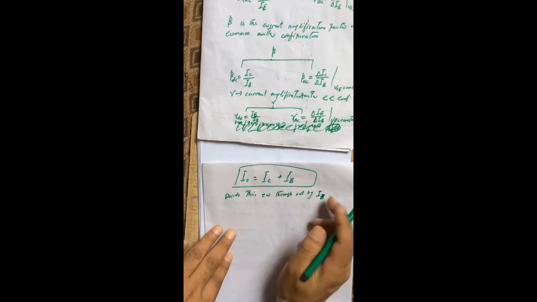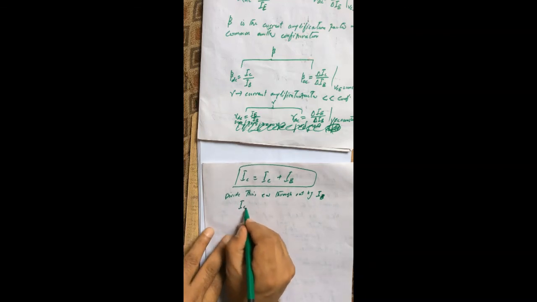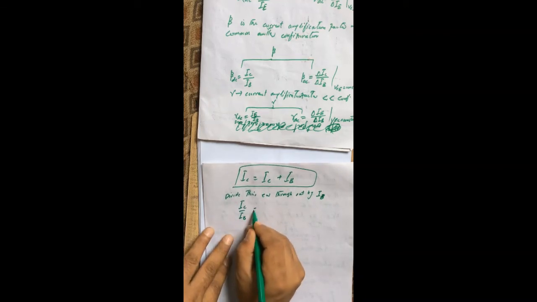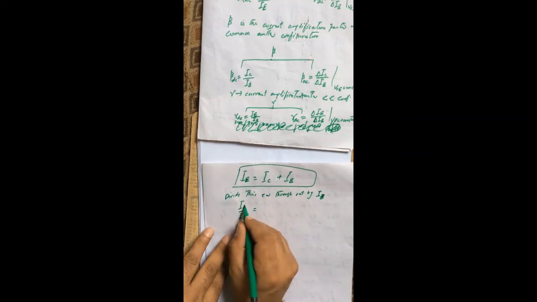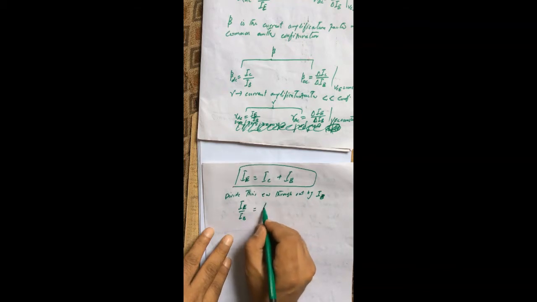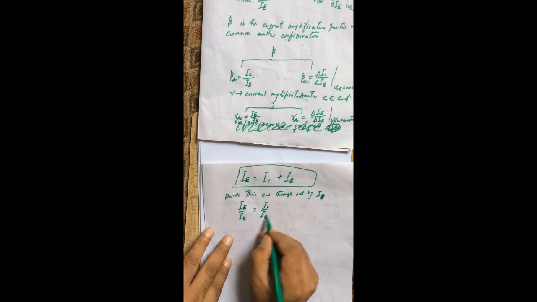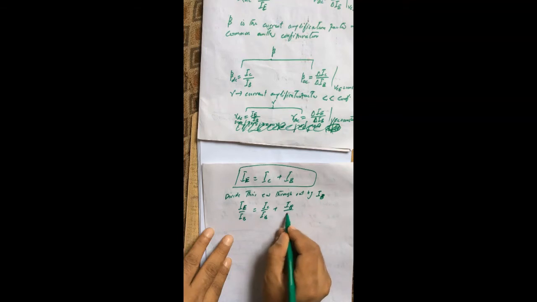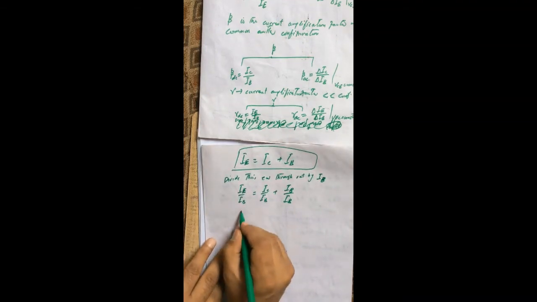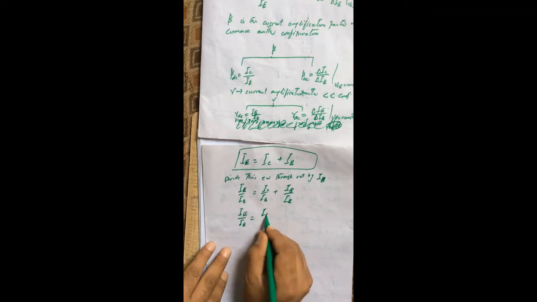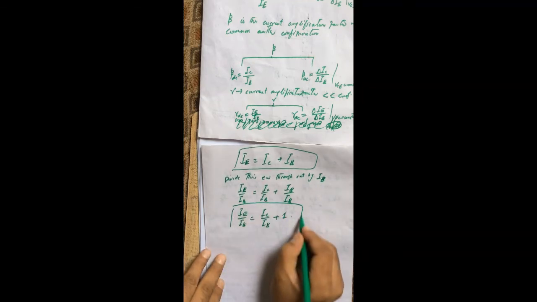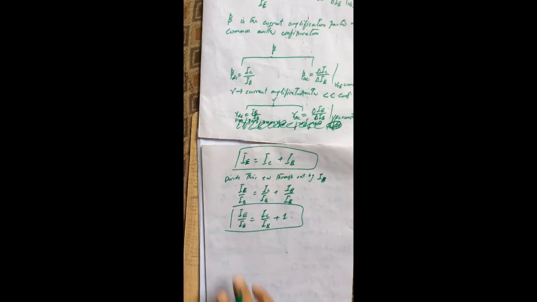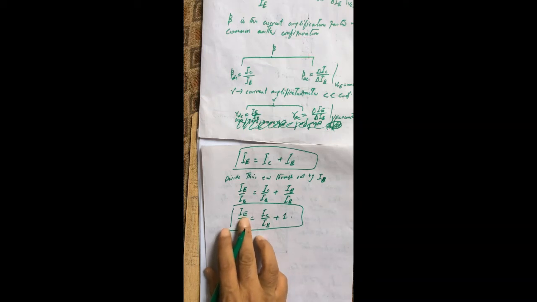Then I have IE over IB, which is equal to IC over IB plus IB over IB, that is, IE over IB is equal to IC over IB plus 1.